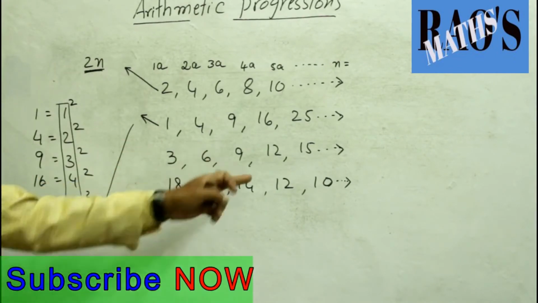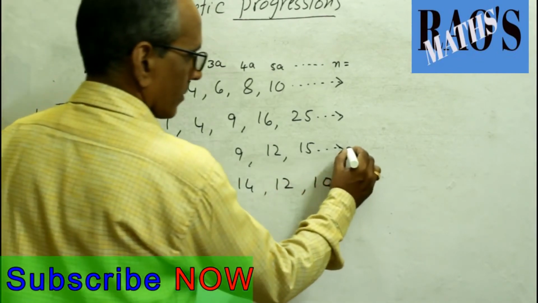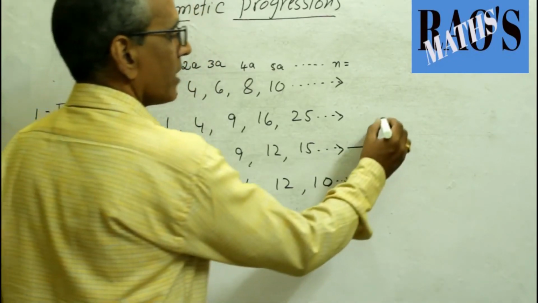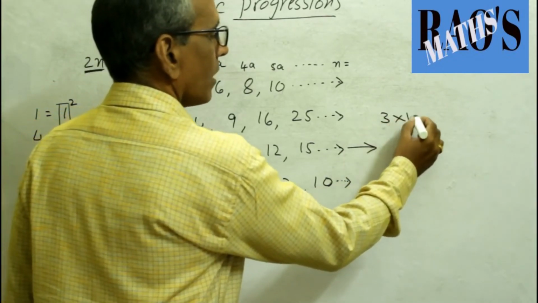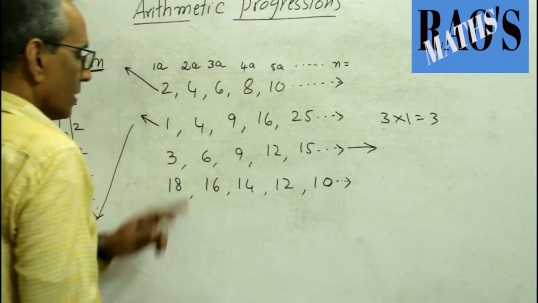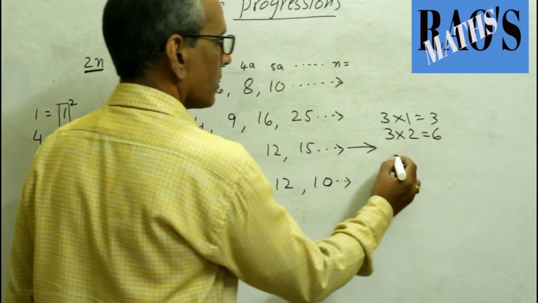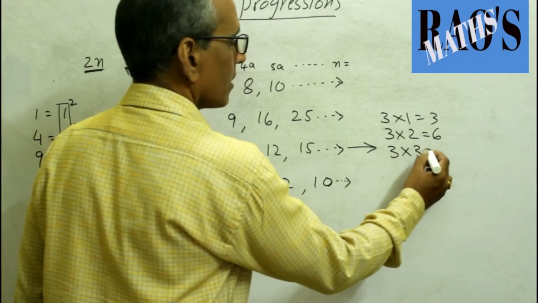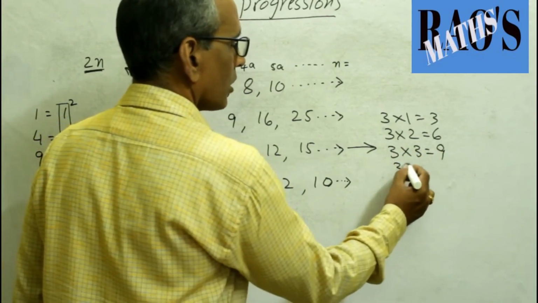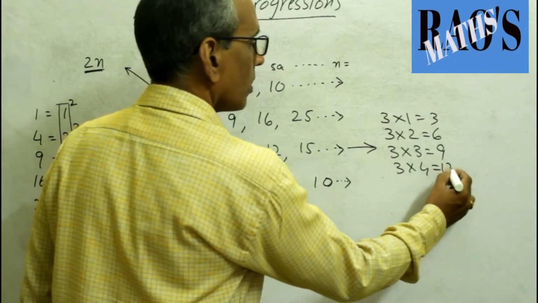Let's see the multiples of 3. The first multiple of 3 is 3 into 1, of course 3. Second multiple of 3, 3 into 2, 6. Third multiple of 3, 9. Fourth multiple of 3, 12.